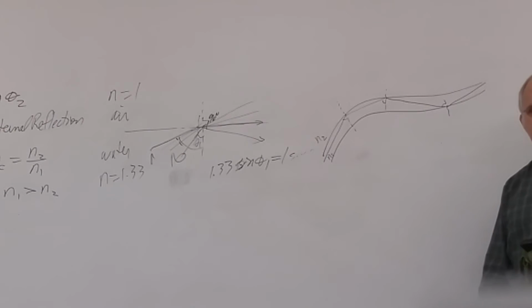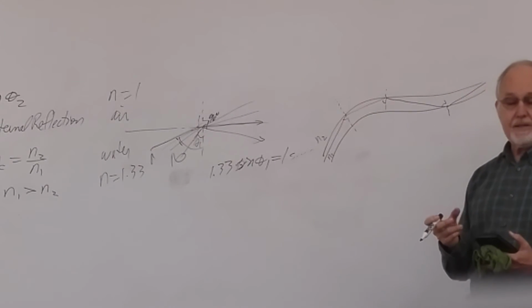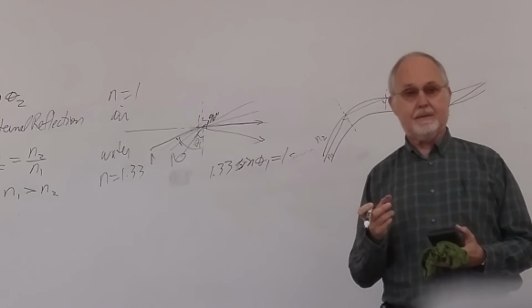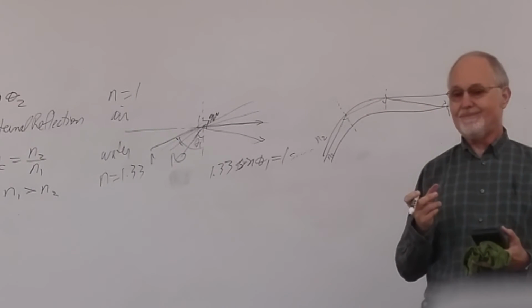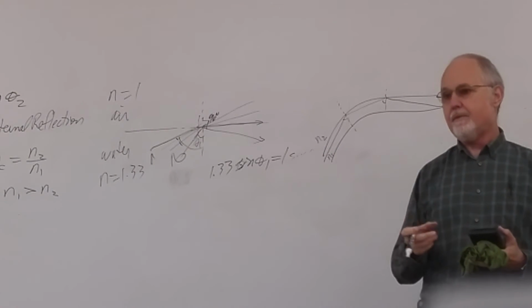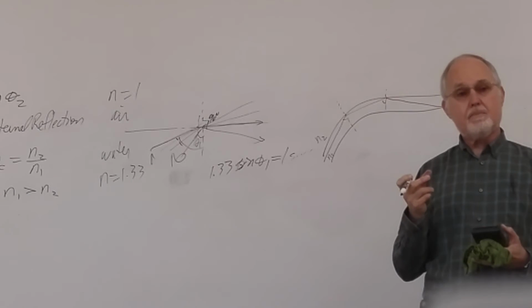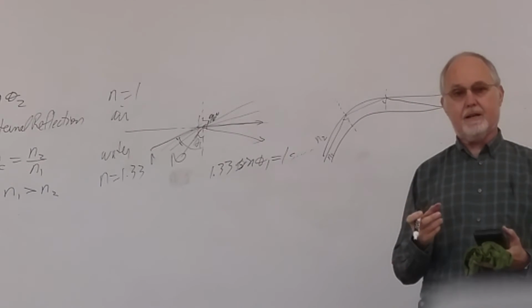but with fiber optics, because you're dealing with the frequencies of light waves as opposed to the alternating currents that you're sending through the copper wires, you can put a whole lot more information in there.